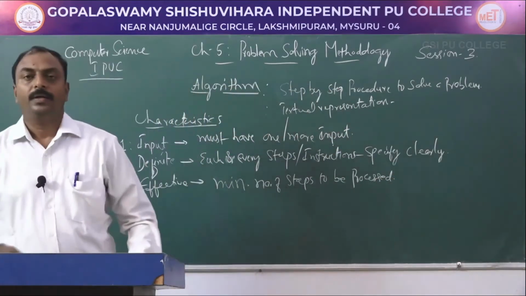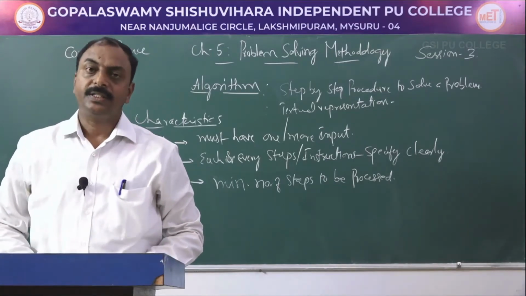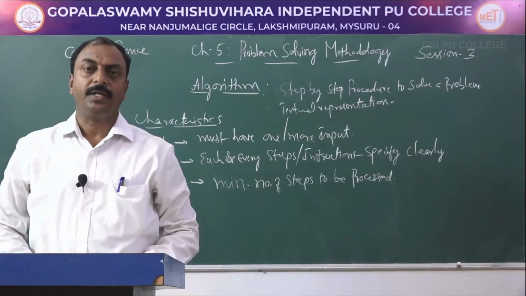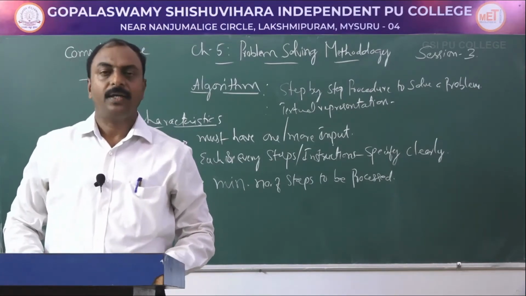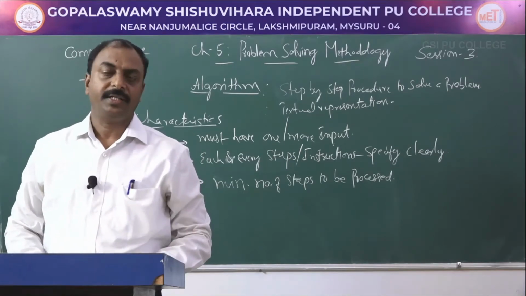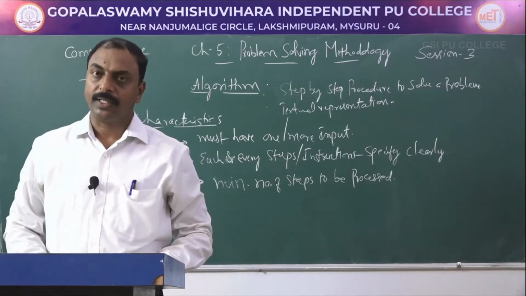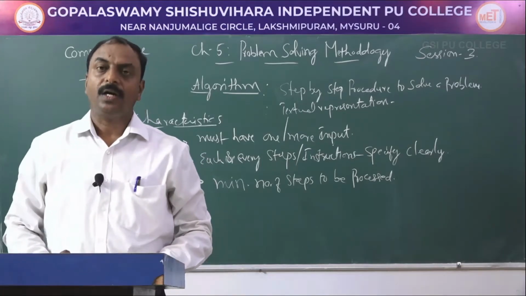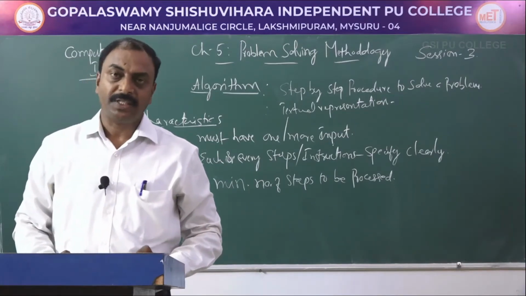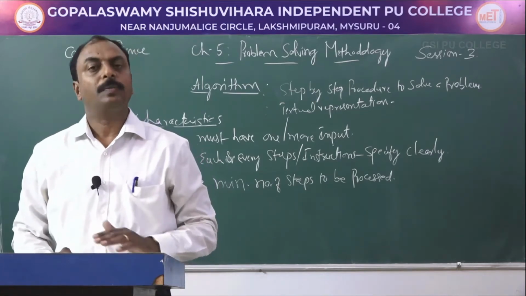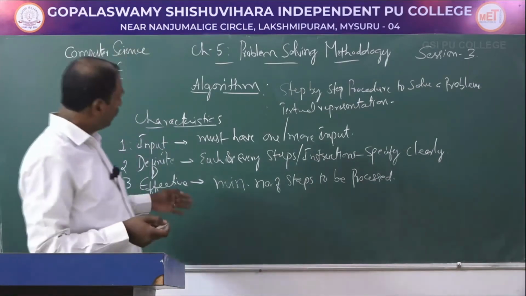Because each and every algorithm has its own length, and each algorithm can be of a different size. Some algorithms might be 10 lines or 15 lines or 50 lines. It depends on the problem. So the programmer or the user has to write an algorithm or solution to a problem in such a way that it takes a minimum number of steps to be processed, so that we can say the algorithm is more effective.